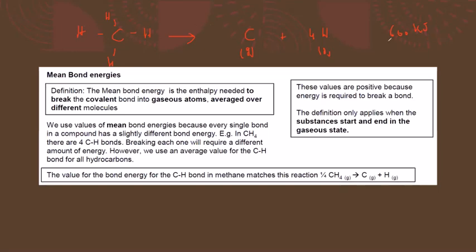For 1 bond, this should be divided by 4, which equals 150 kilojoules per mole. This value, 150 kilojoules per mole, is known as the mean bond enthalpy, the average energy required to break 1 bond within the structure to produce the atoms in a gaseous state.